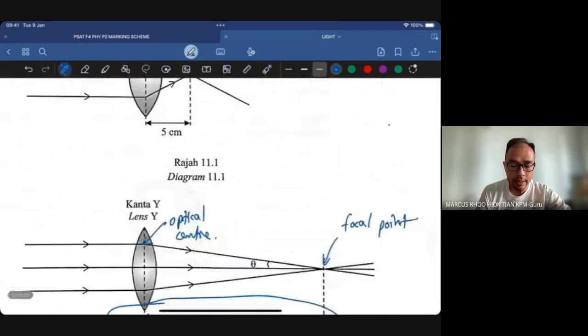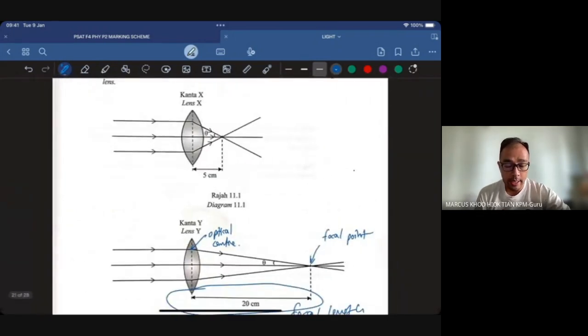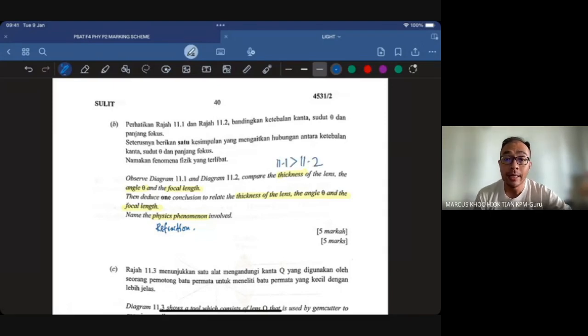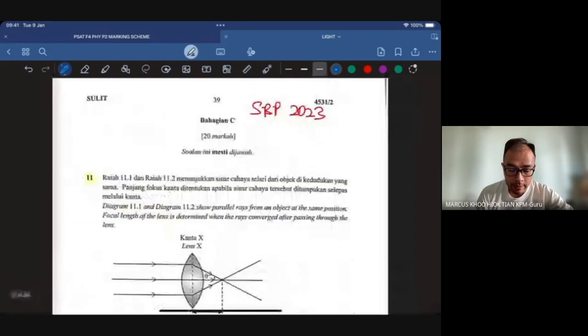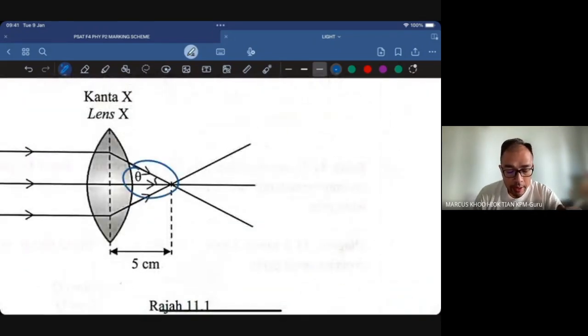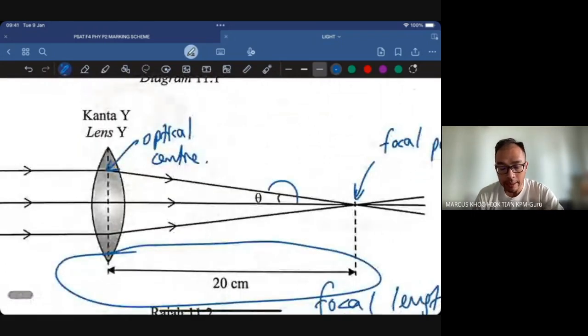Then let's do the thickness. Thickness is quite easily seen. X and Y: X will be bigger than Y. So you can use 11.1 and 11.2 or X and Y, either way is fine, I think. 11.1 is bigger than 11.2, thicker. Okay, the angle. Look at this angle, and look at this angle.